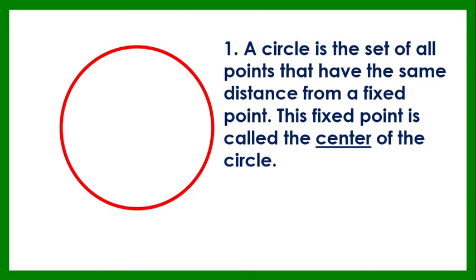So we have the definition or illustration of a circle. A circle is the set of all points that have the same distance from a fixed point. This fixed point is called the center of the circle. Suppose this is our circle.